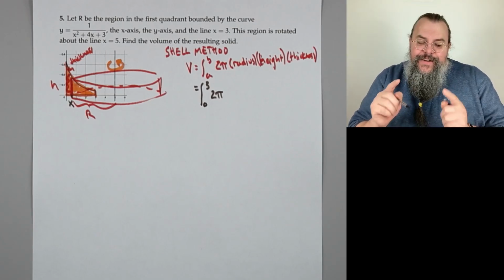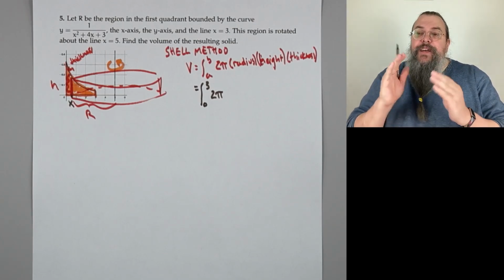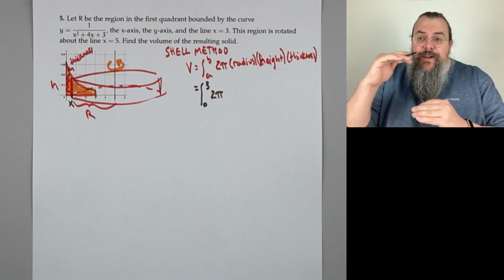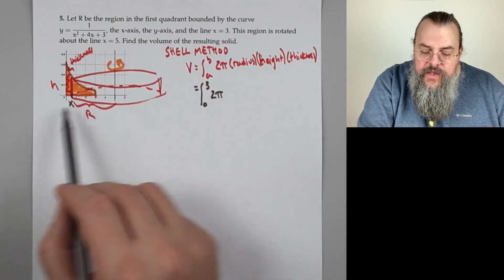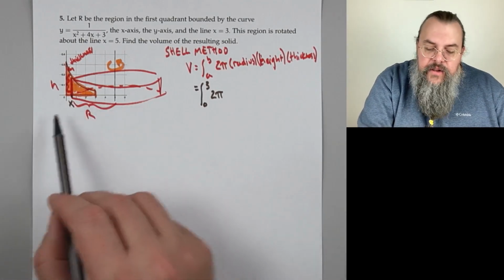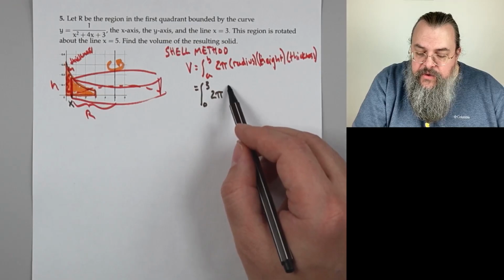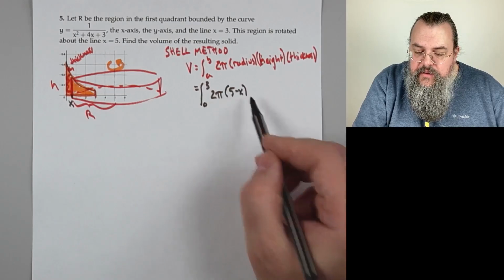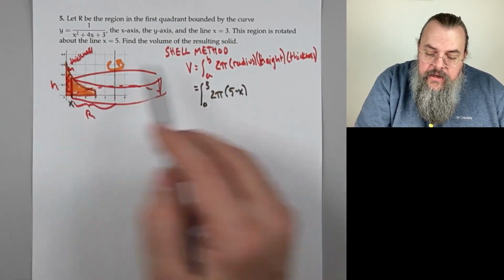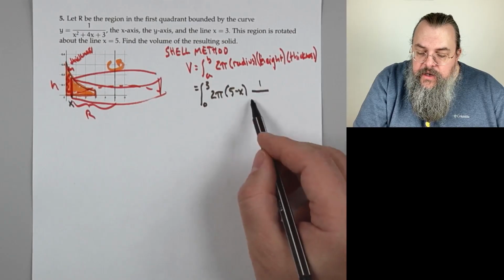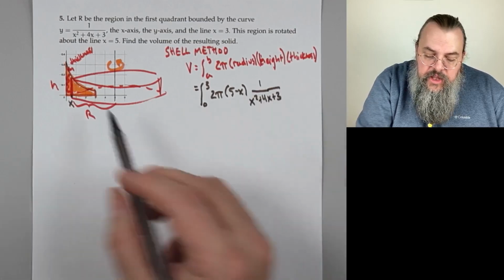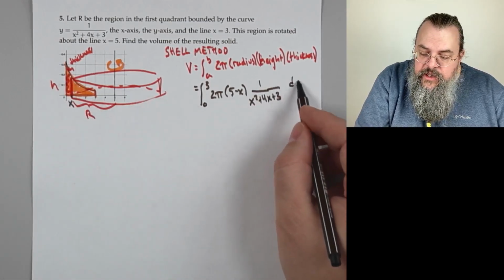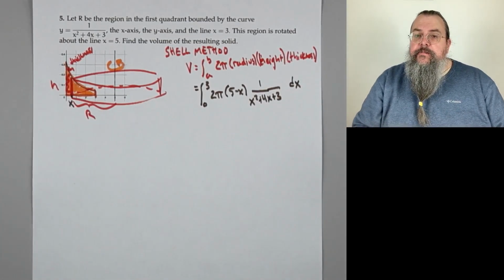It's going to be 5 minus x, because it's high minus low. The larger value subtract the smaller value, and when we think about it horizontally, to the right is high, to the left is low. So that's 5 minus x. What's the height? Well, that's 1 over x squared plus 4x plus 3. What's the thickness? Well, that's just the thickness for our little slice, dx.